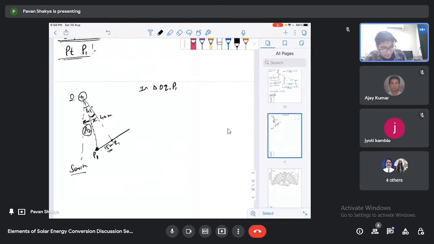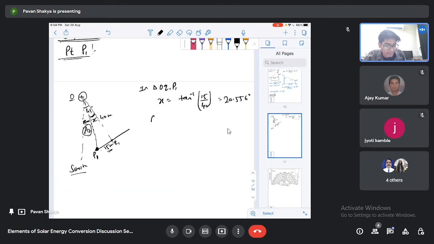Then we can say that x will be tan inverse of 15 by 40. That comes out to be 20.556 degree. So this x is 20.556.